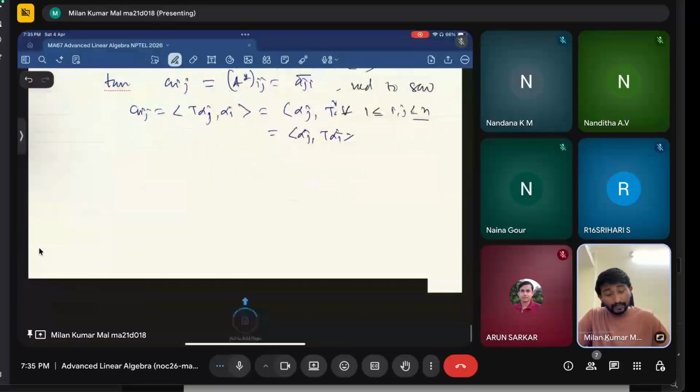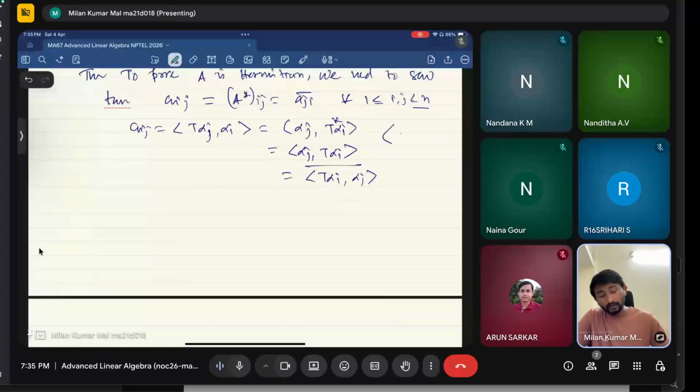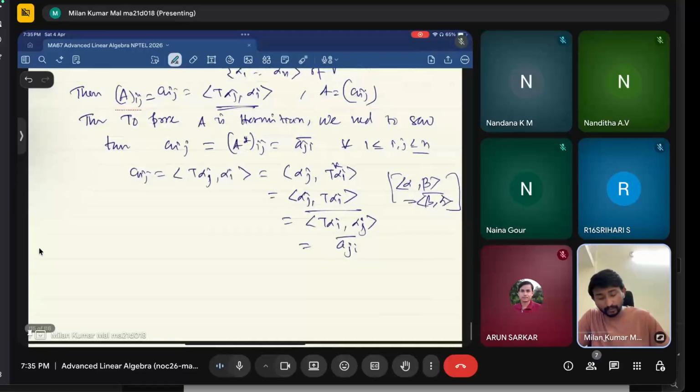There is another property of the inner product: alpha inner product beta equals beta inner product alpha, its bar. So this is the entry Aji, and its bar. That is what I wanted to prove, Aji bar, so A is Hermitian.